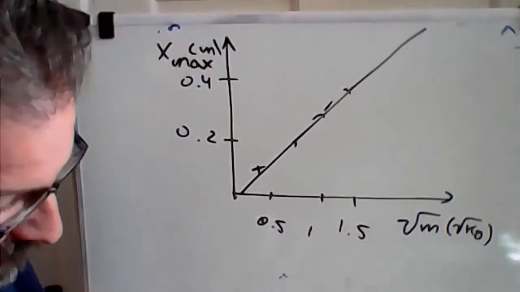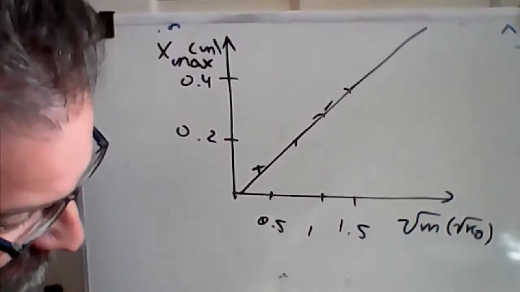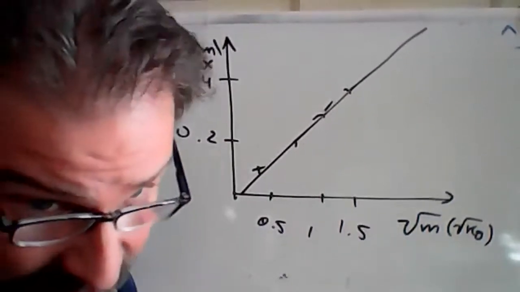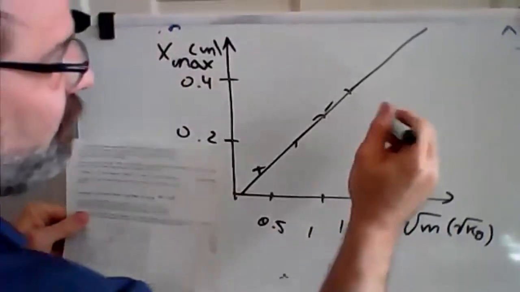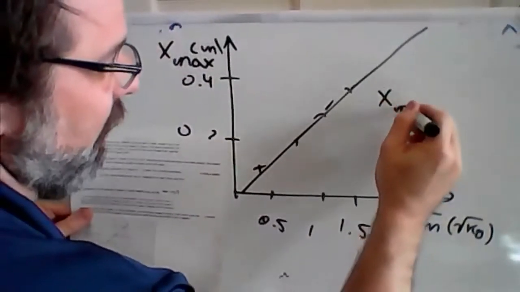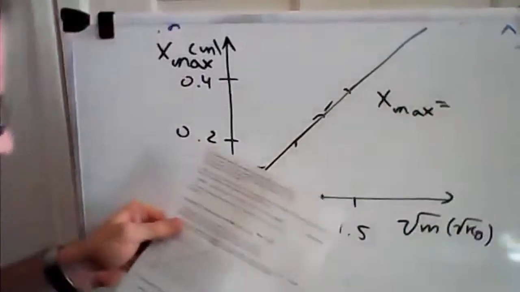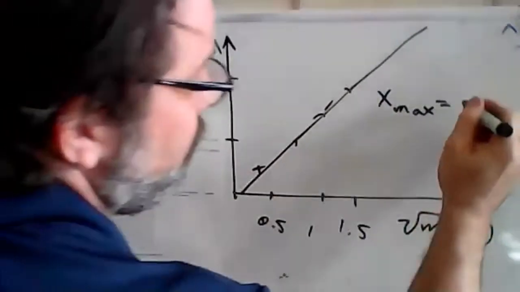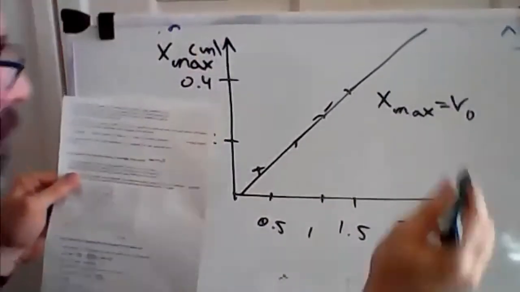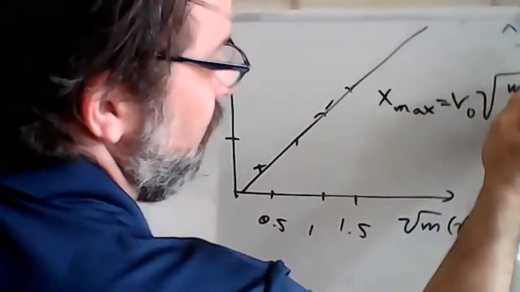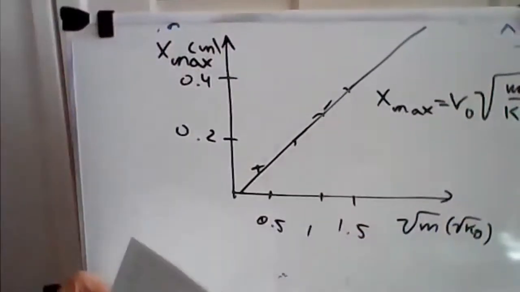Now, in part C, it was actually given to us that the relationship is x max is equal to v0 square root m over k.